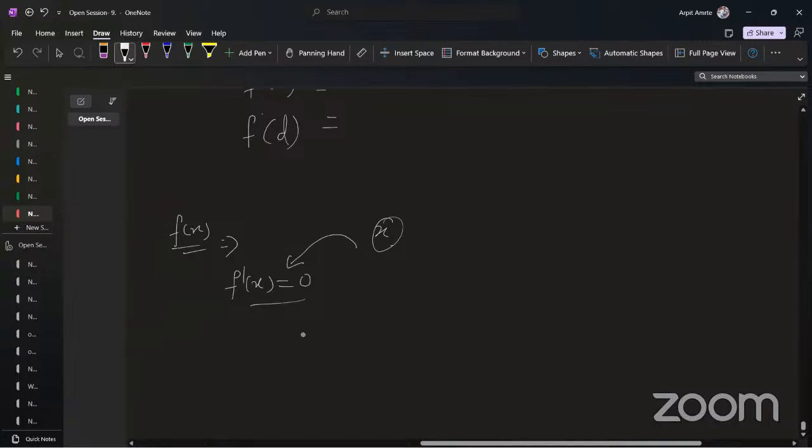Also, you have to see at what points this function is not differentiable. So the collection of those points where f prime x is 0, and also those points where the function is not differentiable, we call critical points.